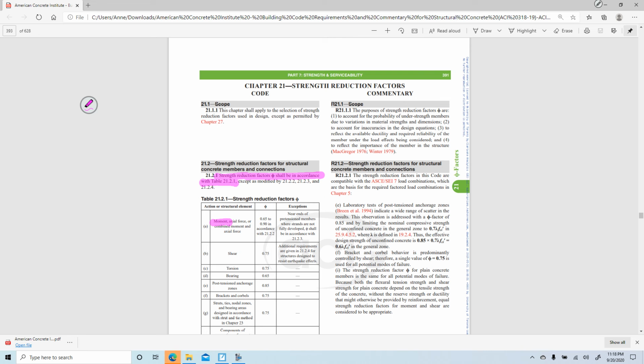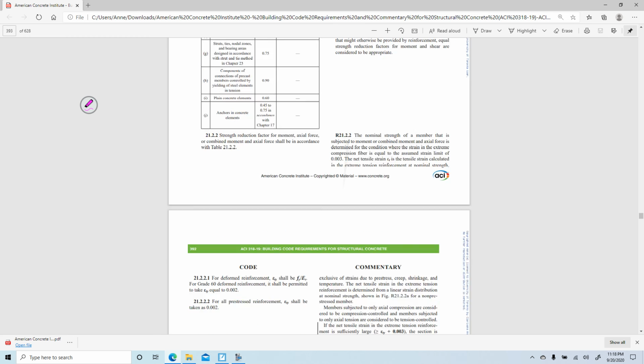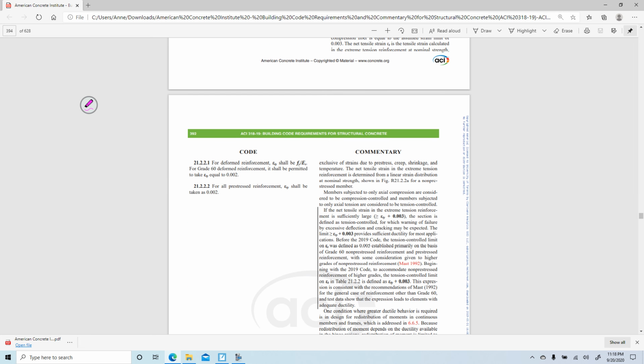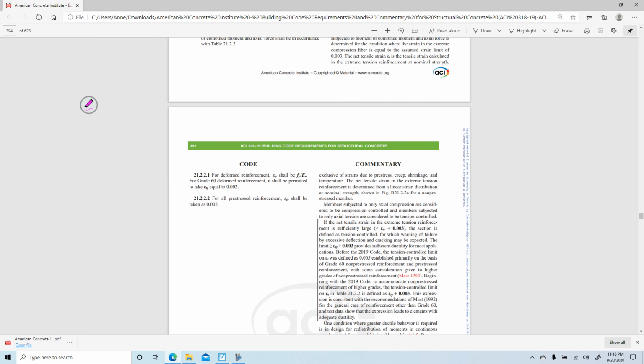It says my phi varies from 0.65 to 0.9 in accordance with 21.22. Super. So I'm going to go look at 21.22. For deformed reinforcement, ETY shall be FY over ES.